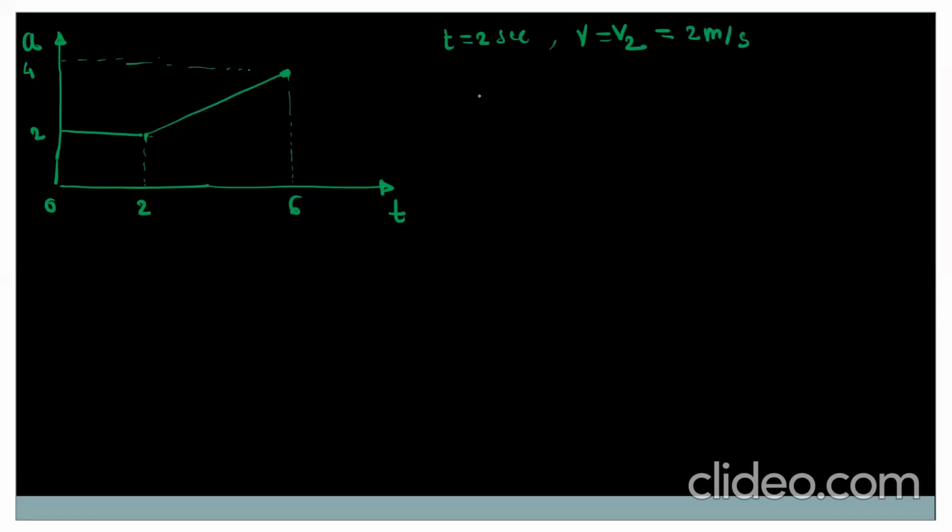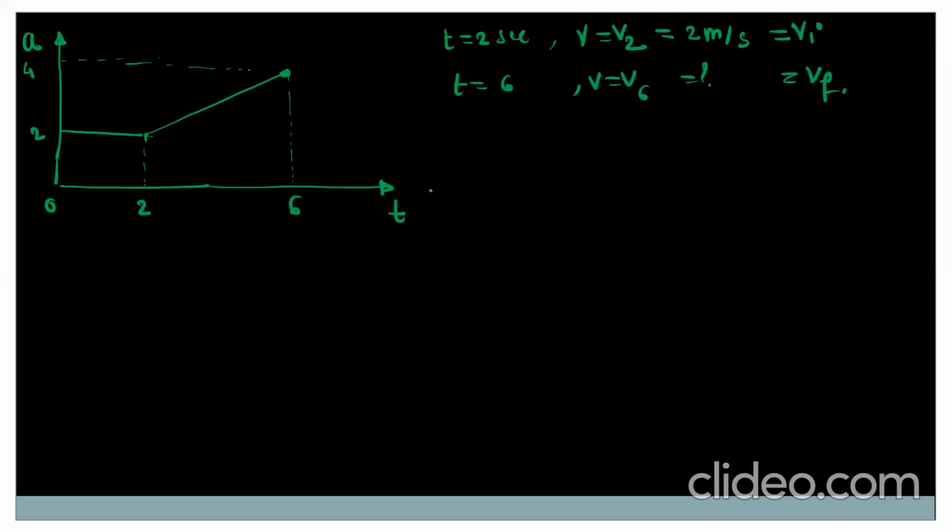This is a given value, and we want to find out the velocity at t is equal to 6 second, so it is v6. So v6 will become the final velocity.